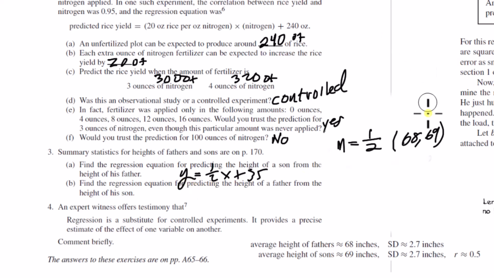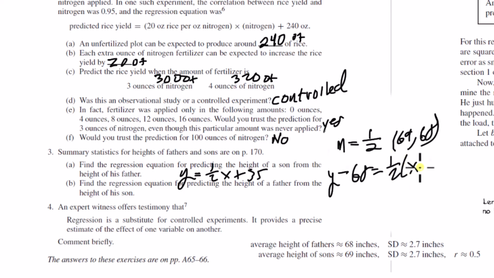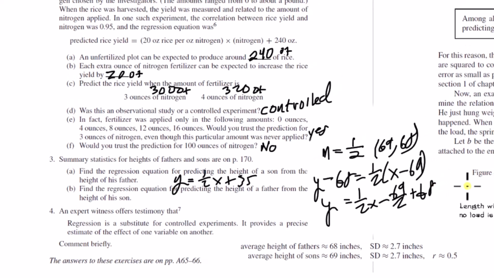Now for the second part, we just switch these. Usually the slope is going to be different, but it's just a special case where it's not. Because if the standard deviations were different, then we'd have to adjust the slope. But here, now the sons are the input and the fathers are the output. So y minus y1 is equal to m times x minus x1. So y is equal to 1/2 x minus 69 over 2 plus 68.